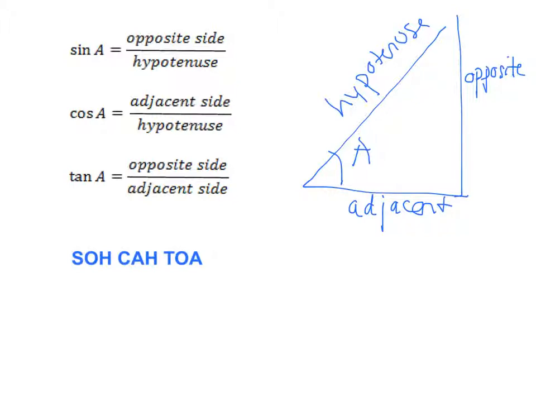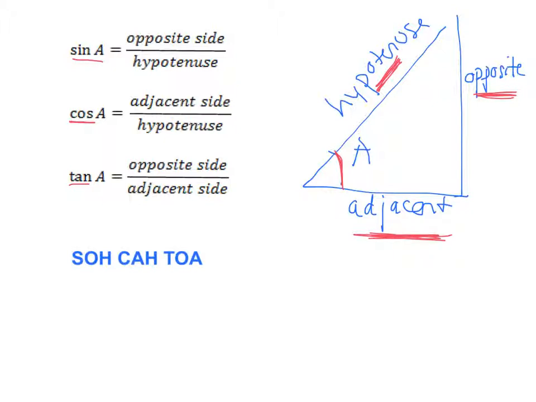So sine of this angle right here is going to equal the opposite over the hypotenuse. And then cosine, which is abbreviated, so these are all abbreviated, is going to be the adjacent side over the hypotenuse. And then tangent is going to be, as we said, the opposite over adjacent.